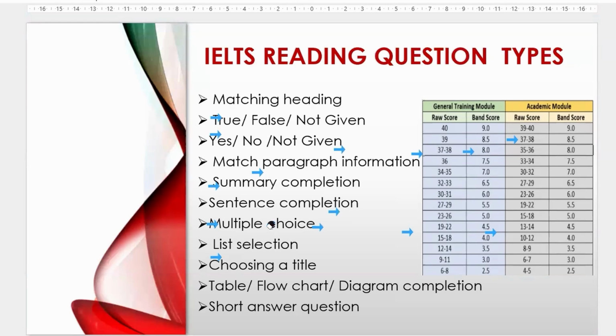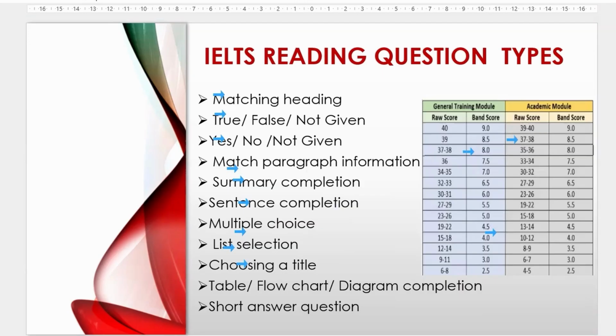Next, I'm talking about the question types in sequence. One is matching the headings, true, false, not given, yes, no, not given, match paragraph information, summary completion, sentence completion, multiple choice, list selection, choosing a title, table, flow chart, diagram completion, and short answer.